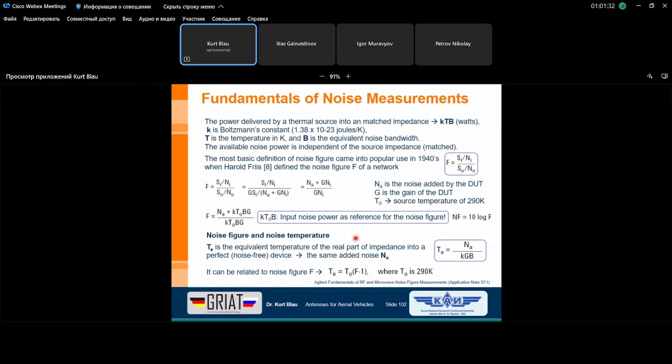In a lot of cases, especially if we have very, very small noise figures, meaning very small F's, then to make a better comparison between devices which have very low noise figures. And if we talk about this noise figure, the large F, in a lot of cases it's given in log scale. F in dB means we have to take the decadic logarithm of this expression multiplied by 10.